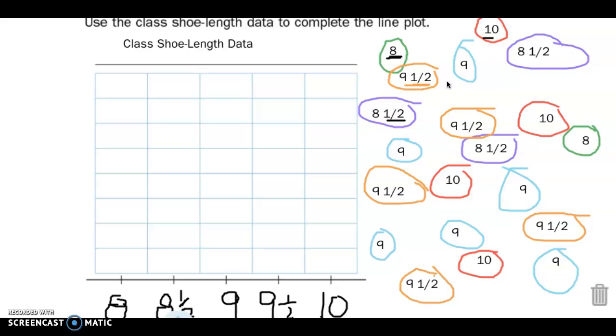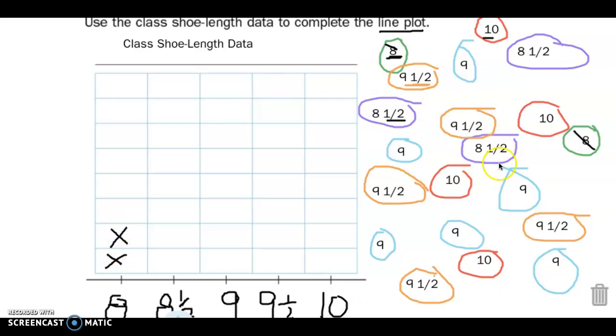Okay, every time that you have a number over here, we put an X because it is a line plot. Watch how I do this. 8. How many 8s do we have? 1, 2. So I'm going to cross 1, 2. Guess what? I put 1 X. What do you think I do next? Yeah, 2 Xs.